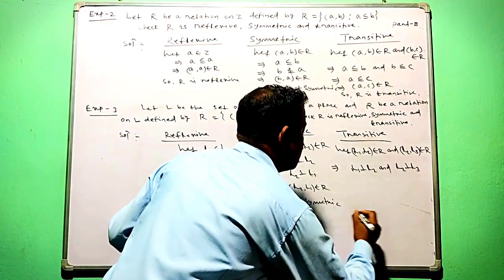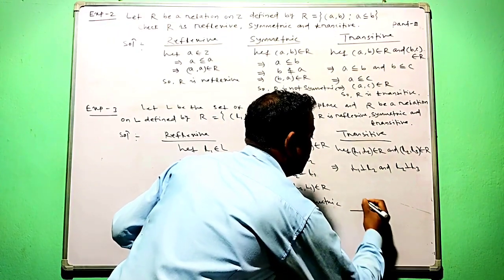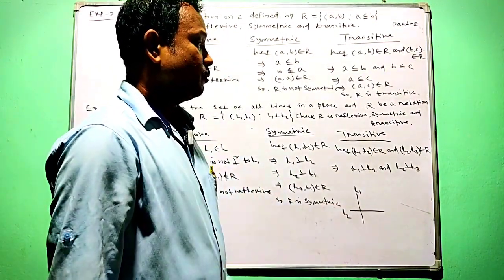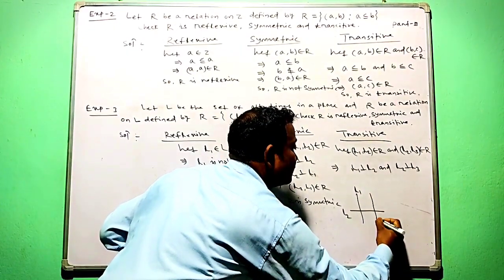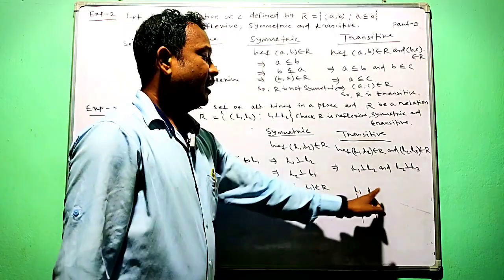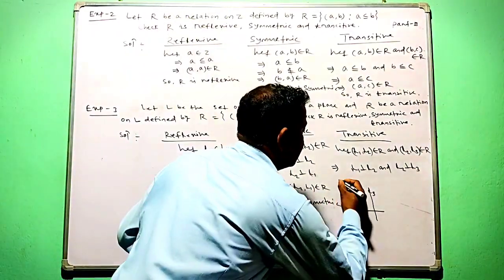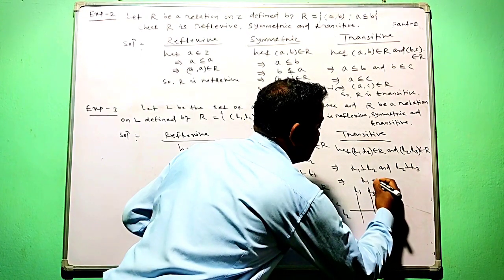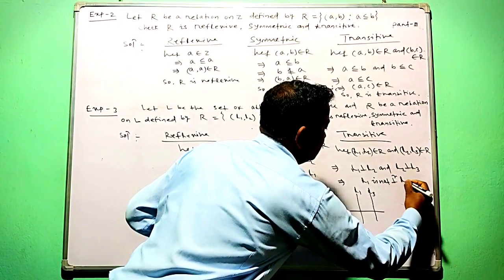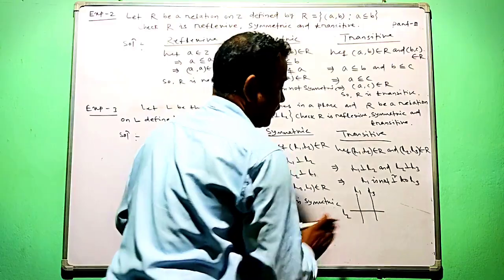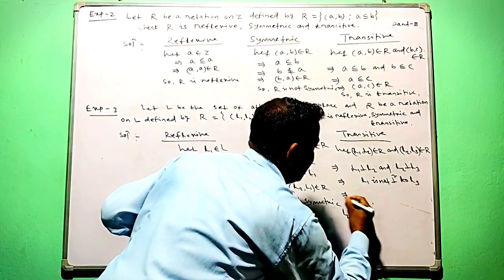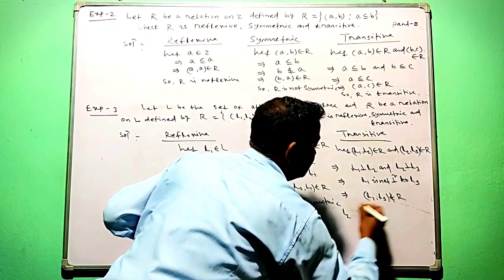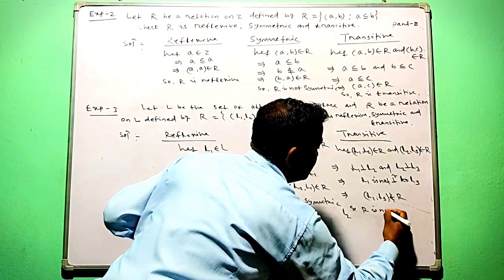Here see, suppose L1 is perpendicular to L2 and L2 is perpendicular to L3. Here L1 and L3 are not perpendicular. That means we write L1 is not perpendicular to L3. That implies (L1, L3) is not an element of R, so R is not transitive.